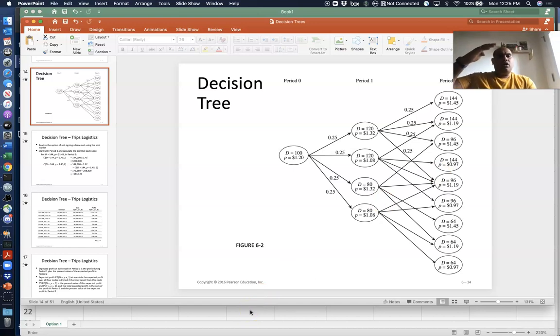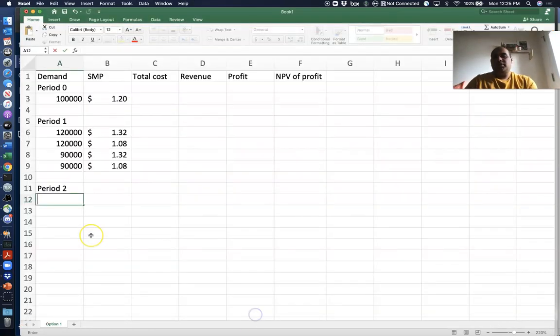I'm going to write all the possibilities of demand. So there are three possibilities of demand going to 144, three possibilities of demand going to 96, and three possibilities of demand being 64. So let's write those down. It'll be a 20% increase from here, and there is a 20% increase.